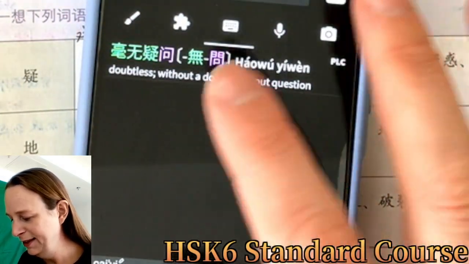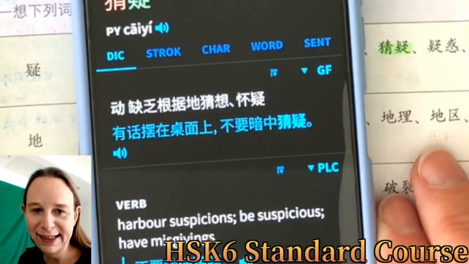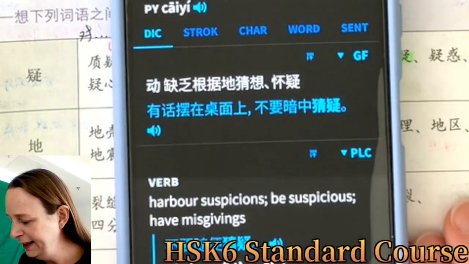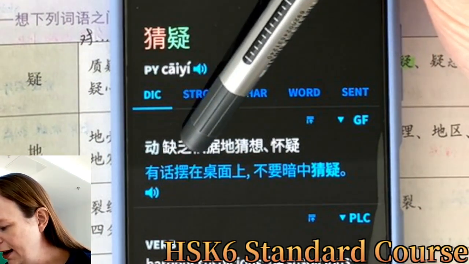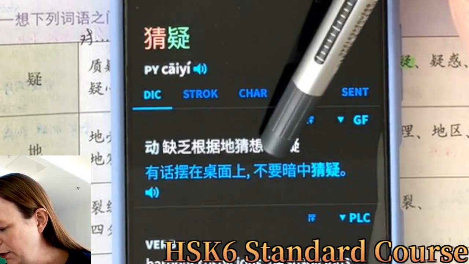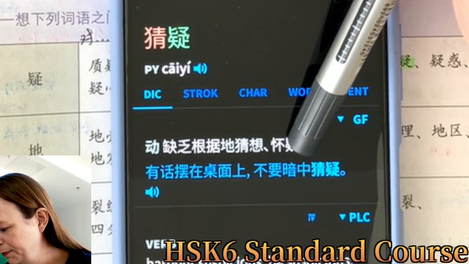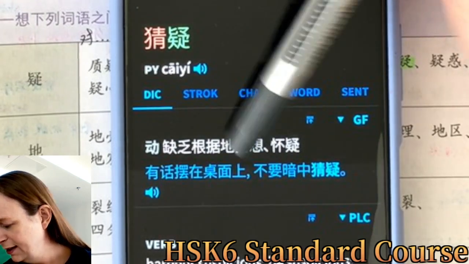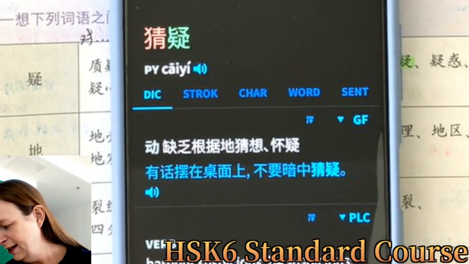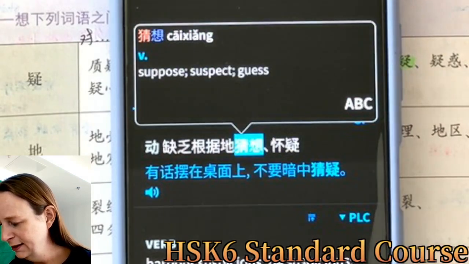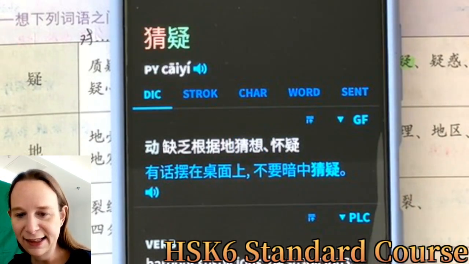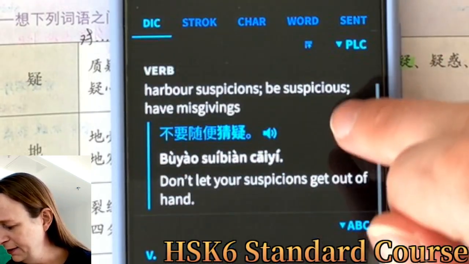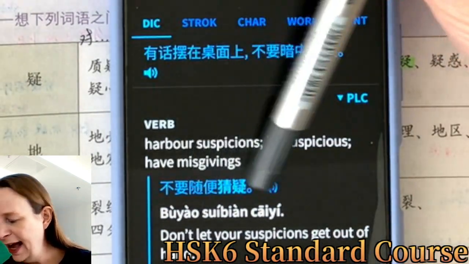Okay, what is 猜疑? I don't know what this means. 猜 is guess, 疑 doubt. 猜疑. Okay, verb. 缺乏根据地猜想怀疑. So basically 猜想, suspicions and doubt. 猜 is suspicions here, I guess. 不要随便猜疑.